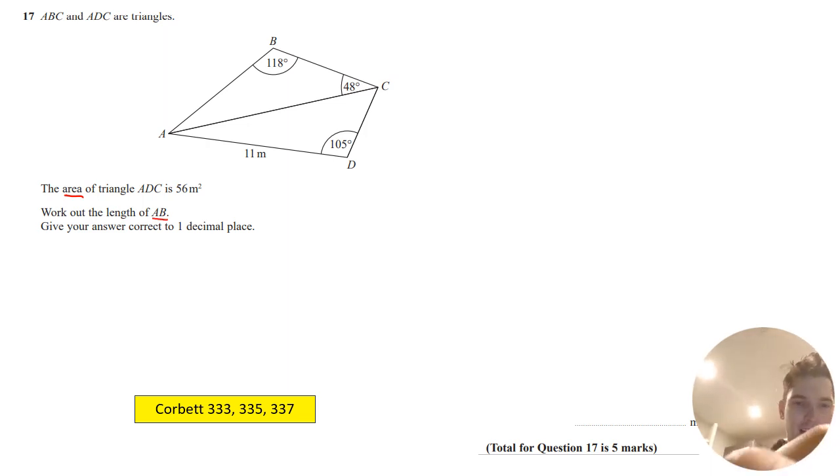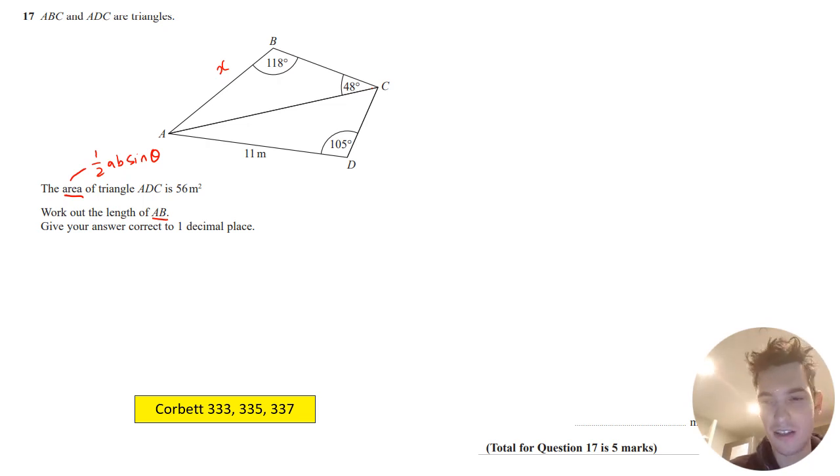Let's call that X. And let's figure out what we're going to do here. So the first thing I am going to do is use the information that the area of triangle ADC is 56. And I know the formula for area of a triangle is a half ab sine theta.